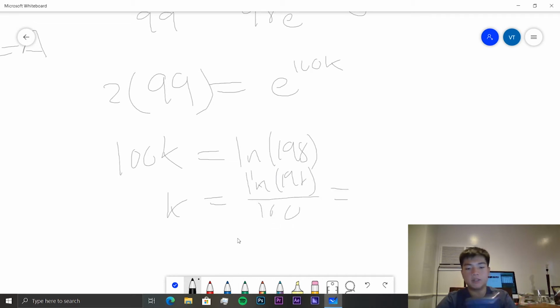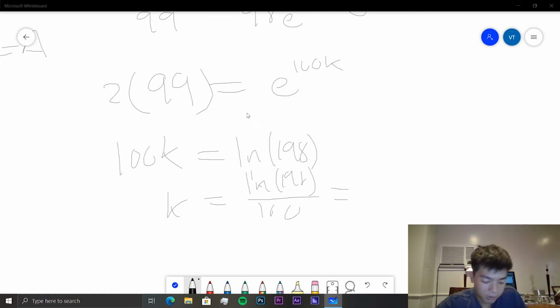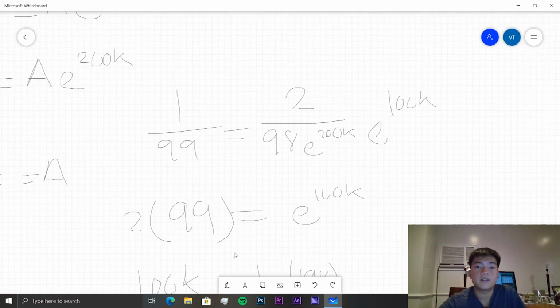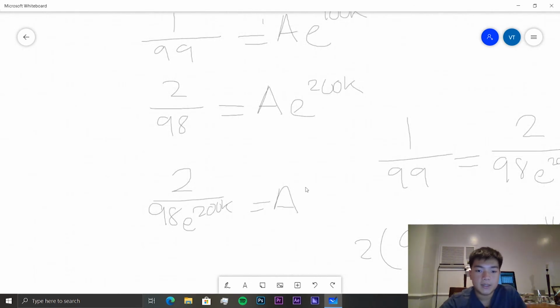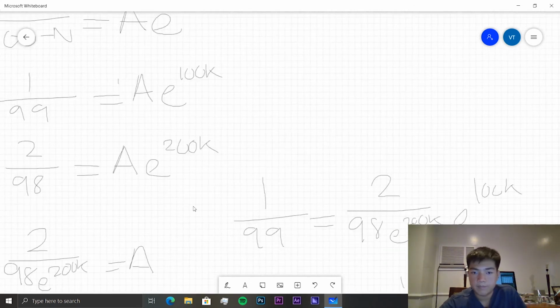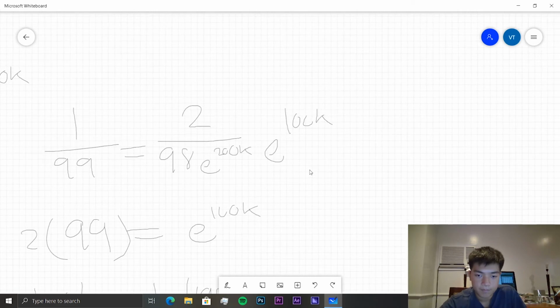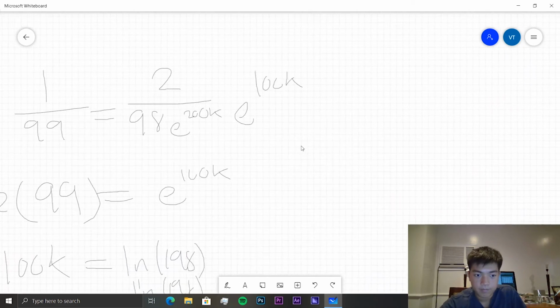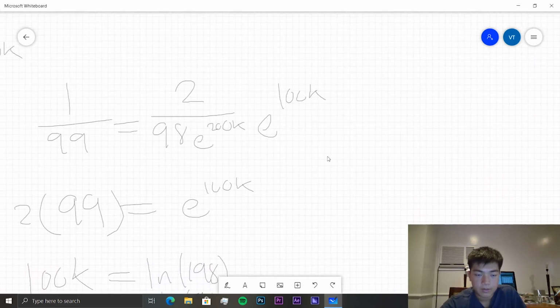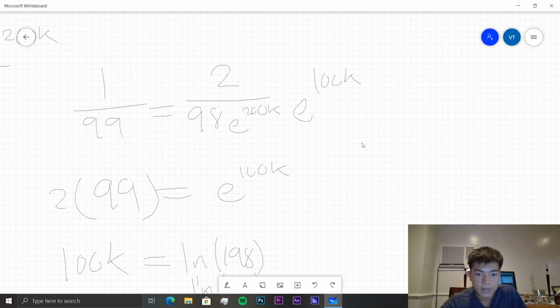Which should be equal to around 0.0. That's different. Have I made a mistake? 99.